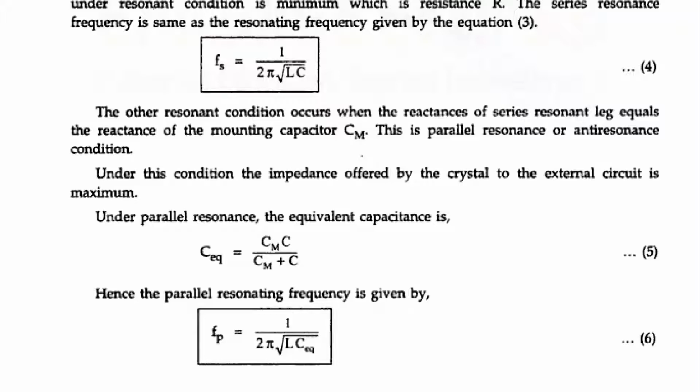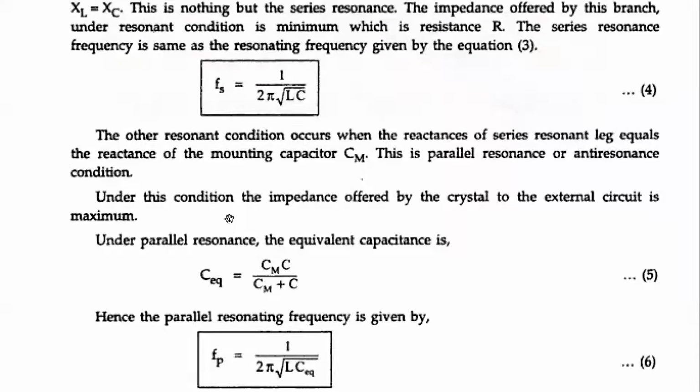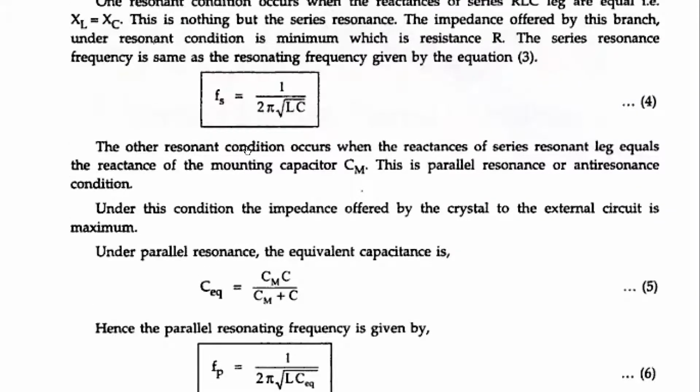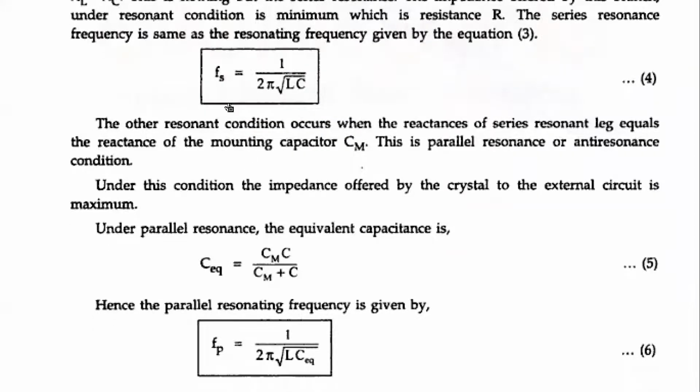So far, all the oscillator circuits have a single frequency of oscillation. Now if this has two different frequencies of oscillation, then the oscillating frequency can lie in between these two.